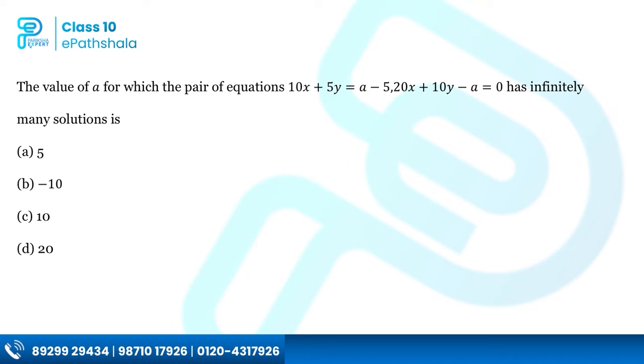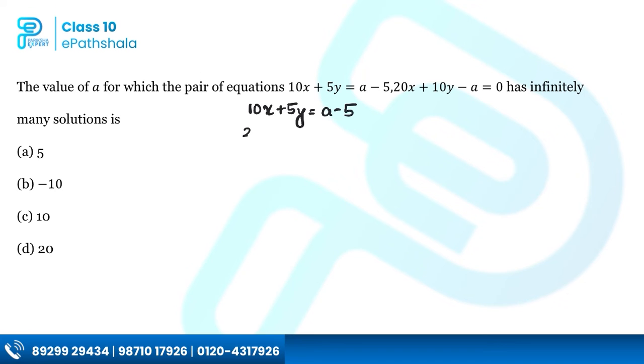Now coming to this question, we have to find the value of a for which the pair of equations 10x plus 5y is equal to a minus 5, and the second equation 20x plus 10y minus a is equal to 0 has infinitely many solutions. We can write the first as 10x plus 5y is equal to a minus 5.